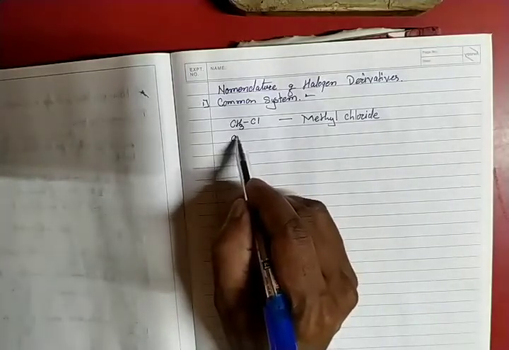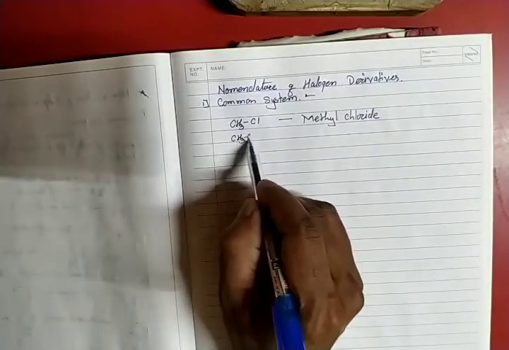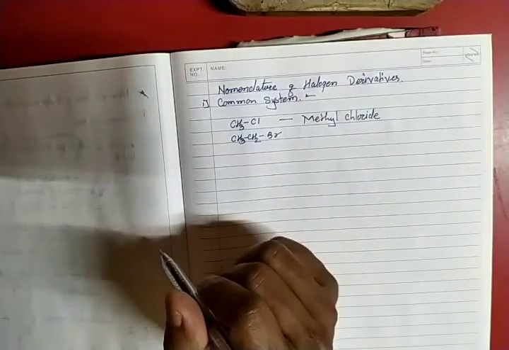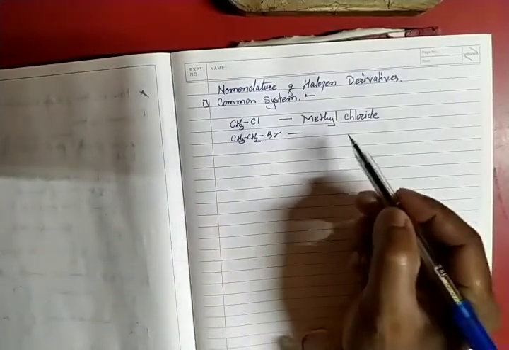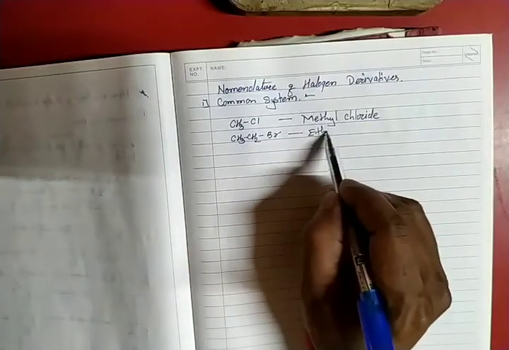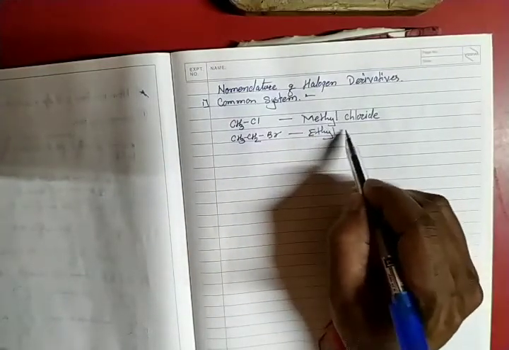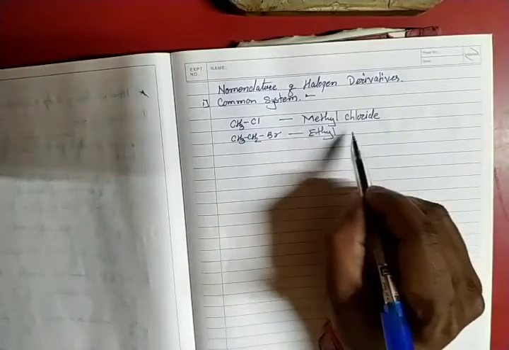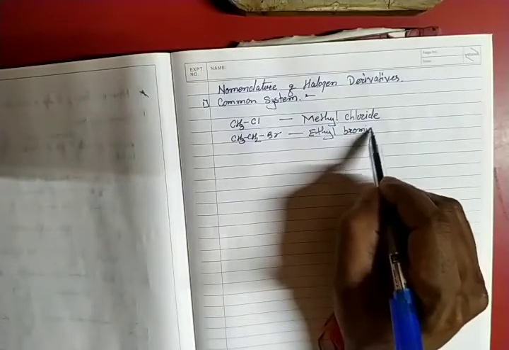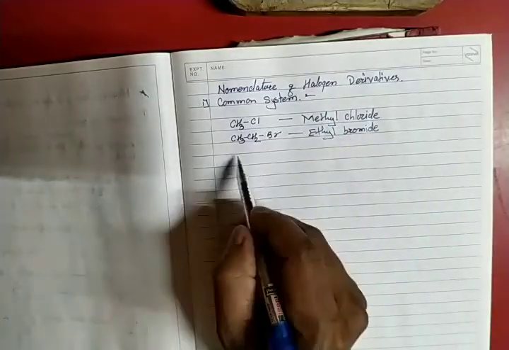Then the next is CH3CH2Br. Its common name: the alkyl group is ethyl and the halogen is bromine, so ethyl bromide.